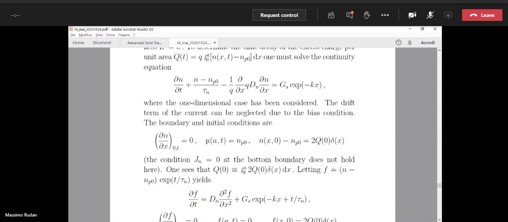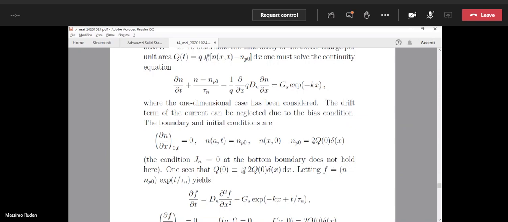So this layer can be described as a Dirac delta centered in the origin. So we have delta of x, okay? As usual, we have a factor 2 because we take only 1/2 of the delta, the half part that is inside silicon, okay? And then the integral of it must be equal to the excess charge at time equal to 0. So it is the initial condition of Q, okay?